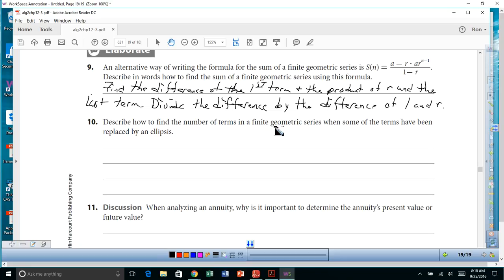Describe how to find the number of terms in a finite geometric series when some of the terms have been replaced by an ellipsis.